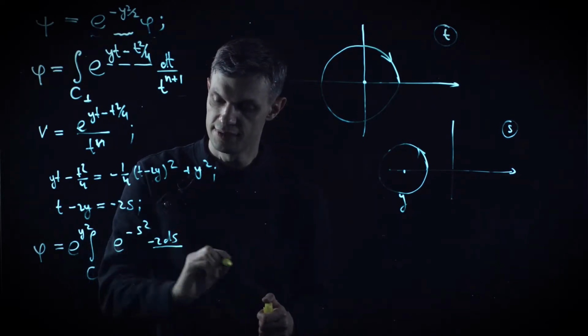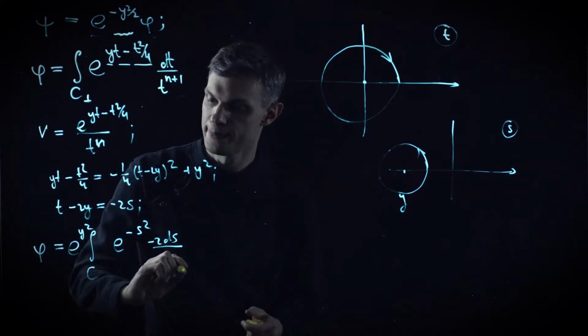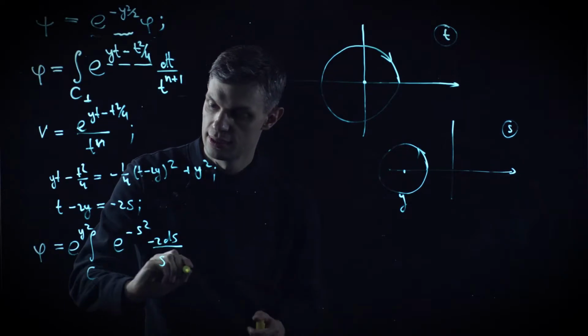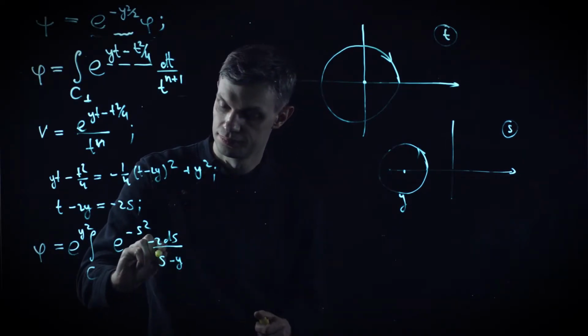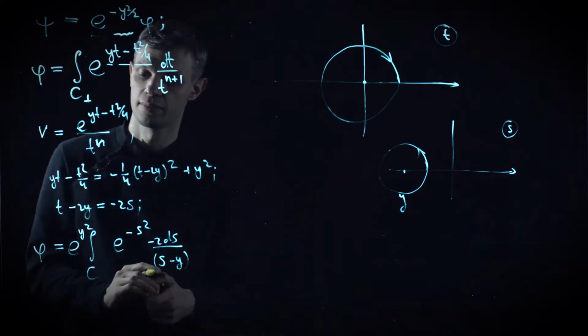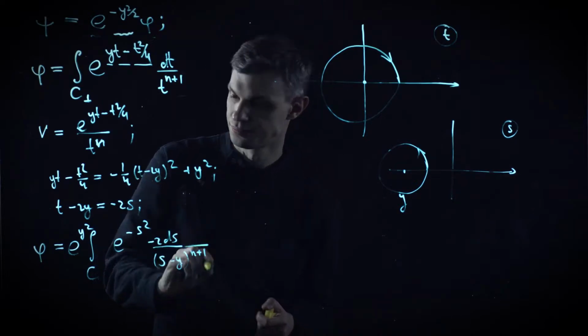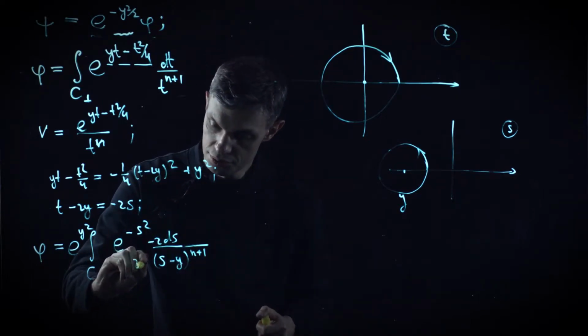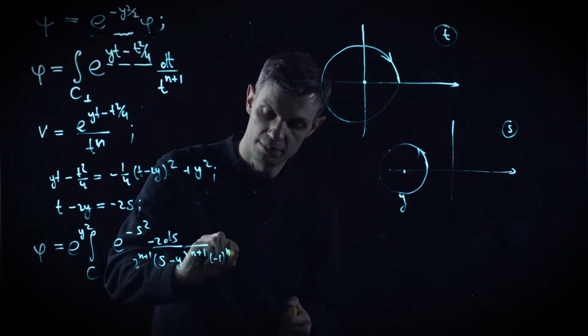Okay, let's put here a negative sign. 2ds divided by s minus y to the power n+1, 2 to n+1 multiplied by -1 to n+1.